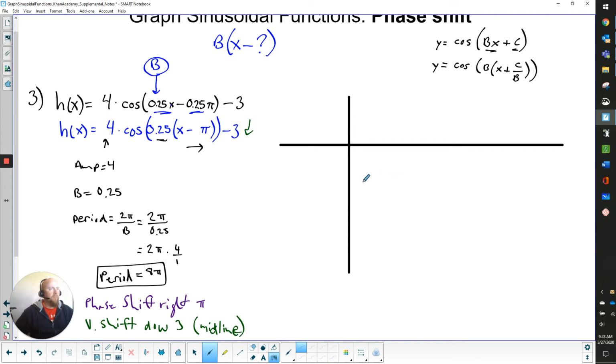We still have an amplitude of 4. Because we're oscillating above and below the midline, the point would be 4 units above and below.